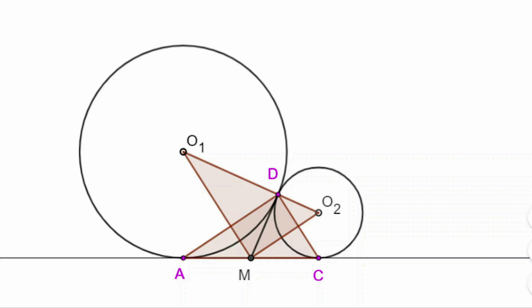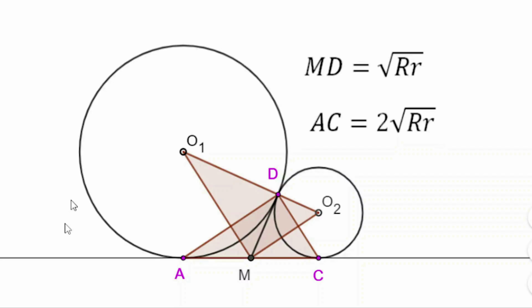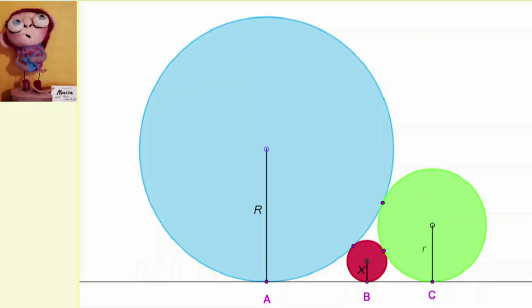But the height dropped from the right angle in a right triangle equals the geometric mean of the projections of the legs onto the hypotenuse. So DM equals the square root of R1R2, which means AC equals 2 times DM, which is equal to 2 times the square root of R1R2. Now, let's go back to the original problem.